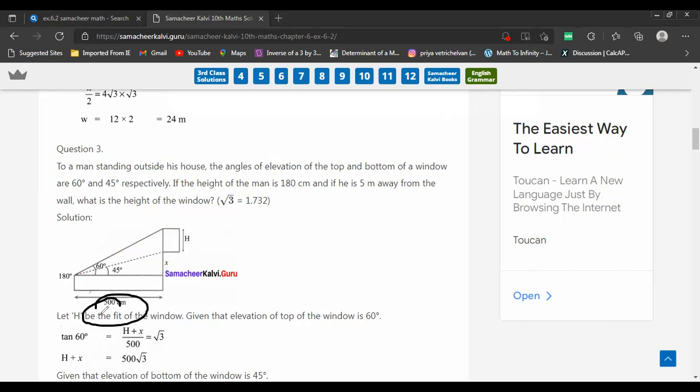And what is this 500 centimeter? From where have they written this? Okay, if he is 5 meter away from the wall. So from the wall, he is standing 5 meter away. So 5 meter can be converted as 500 centimeter.